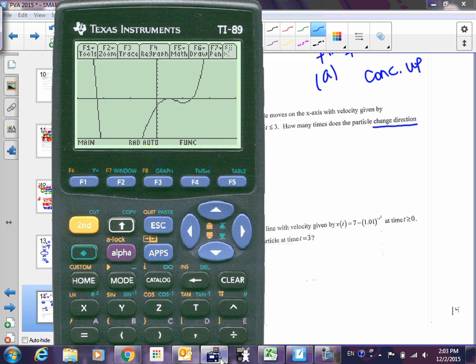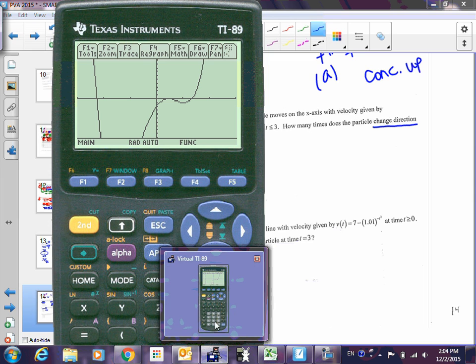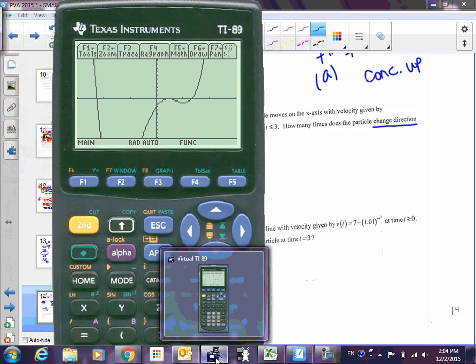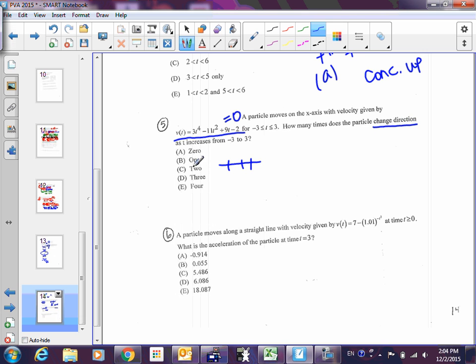You get to use the calculator on the quiz, but I really don't think there's anything where you have to use it like that, like something like this. So the answer is 2. There are only 2. There could have been more than 2, but there are only 2. Can you just take that and plug it into your calculator equal to 0 and see how many answers you get? But that's still only going to tell you how many times v of t equals 0.